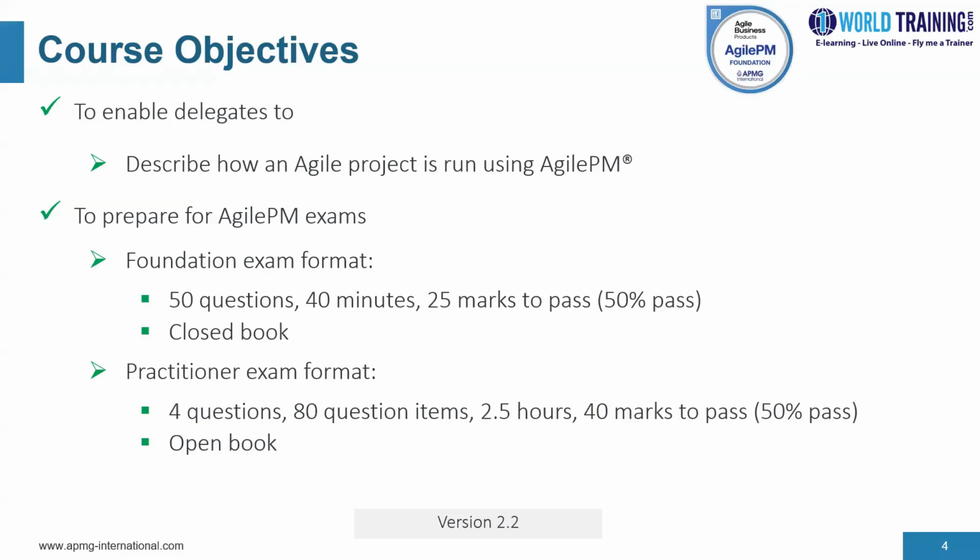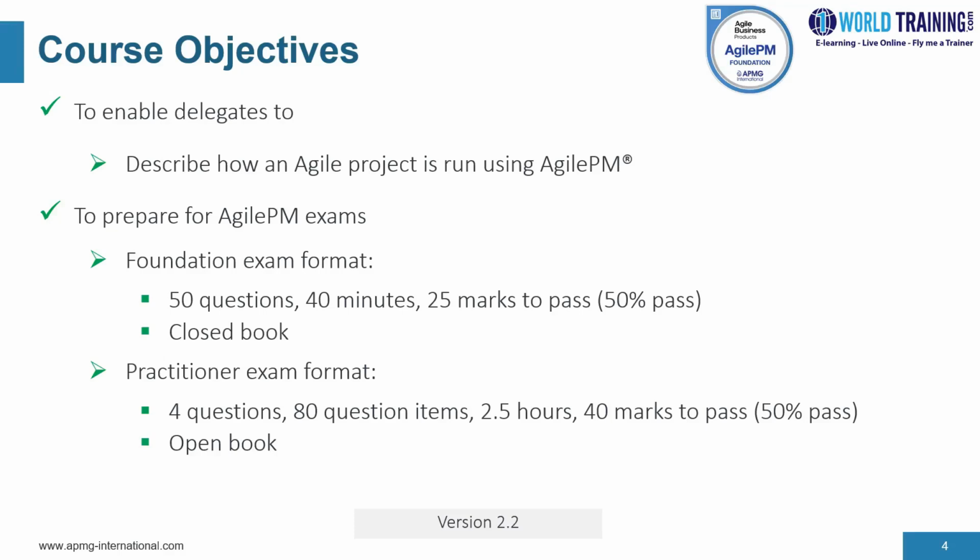Now, the course is basically split into 2 sections. This particular course helps you prepare for the foundation part of the examination, whereas the advanced, digging deeper course deals with the practitioner side of AgilePM.